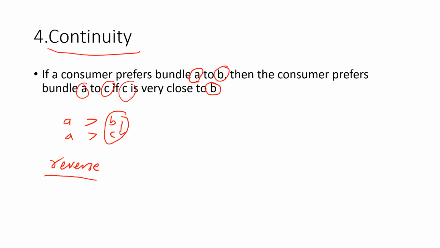So this type of behavior should not exist for the consumer. Let me summarize this point once again. We have two bundles, B and C, that are near, and there is another bundle, bundle A, which is preferable to B. Then bundle A should also be preferable to C.